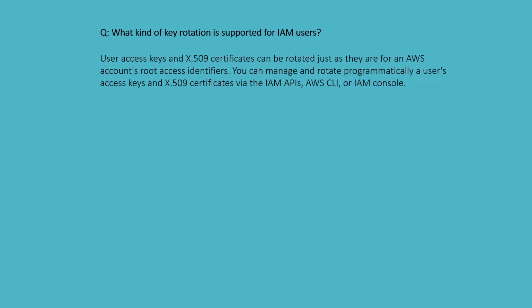User access keys and X.509 certificates can be rotated just as they are for the AWS account's root access identifiers. You can manage and rotate programmatically a user's access keys and X.509 certificates via the IAM API, AWS CLI, or IAM console.